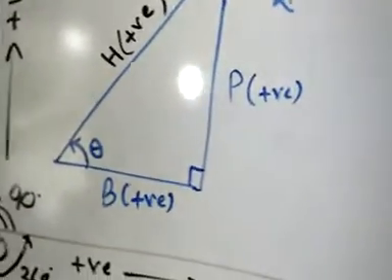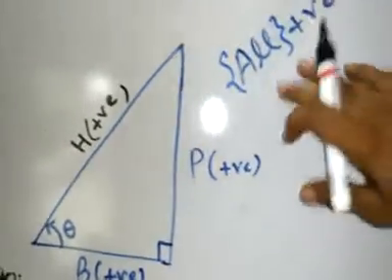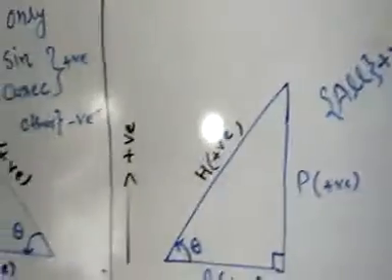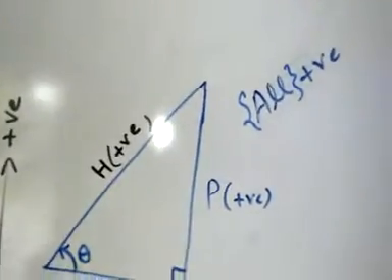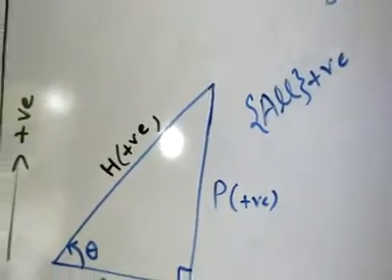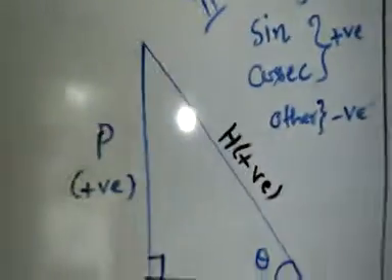So all the ratios between the sides which define the trigonometric ratios are positive. These values are taken with their sign: if positive then positive, if negative then negative. And we now move to the second quadrant.